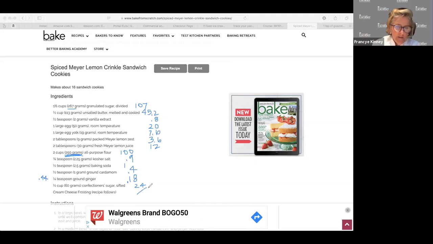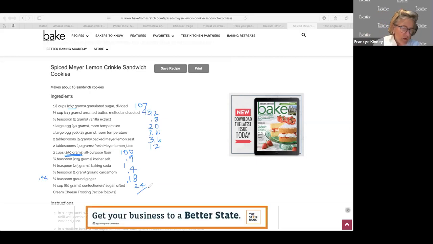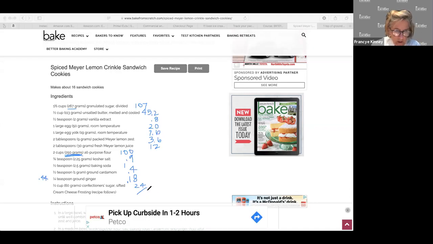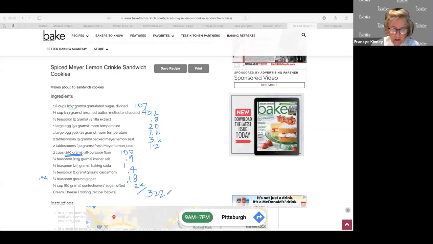So we'll take our 107 and add it to 45.2 plus 0.8 plus 20 plus 7.6 plus 3.6 plus 12 plus 100 plus 0.9 plus 1 plus 0.4 plus 0.18 plus 24. And we get 322.68.